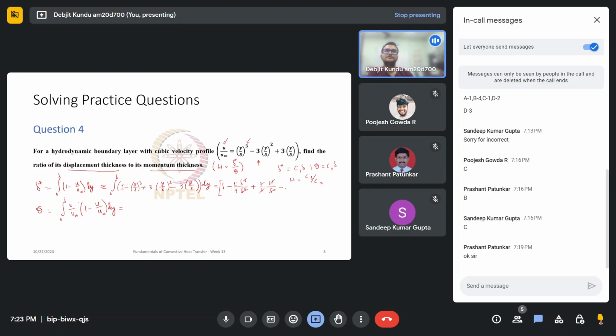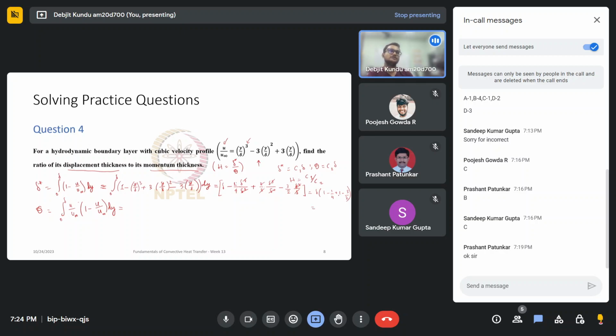Then I have minus 3 and delta here, and y dy is nothing but y square or delta square divided by 2, right? So if I take delta common now, all I have remaining is 1 minus 1/4 plus 1 minus 3 halves.